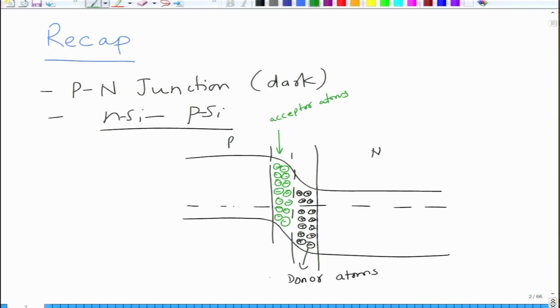As a result, this region is called depletion region, which means that it is depleted of any free charges, whereas the regions where the bands are flat are called bulk regions.